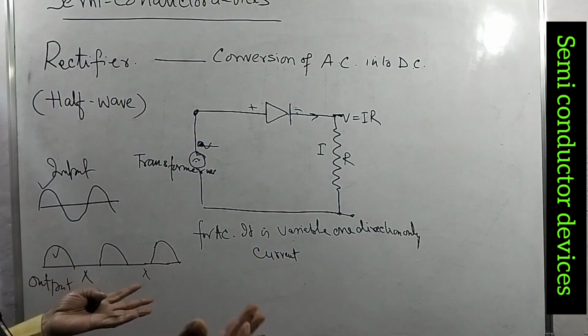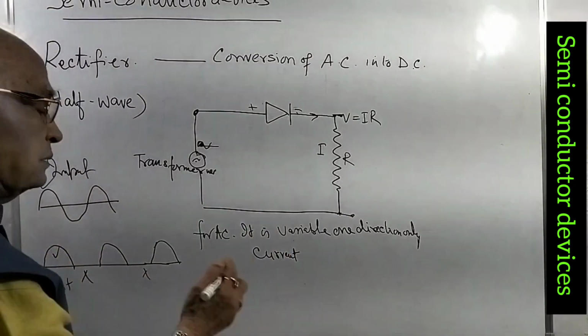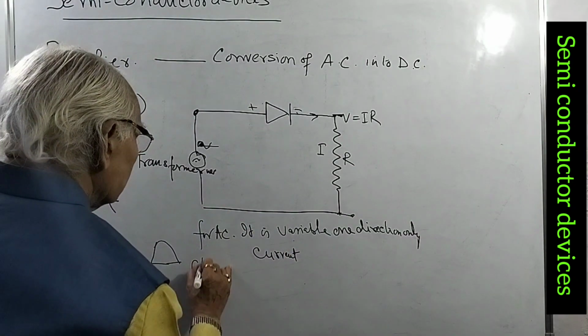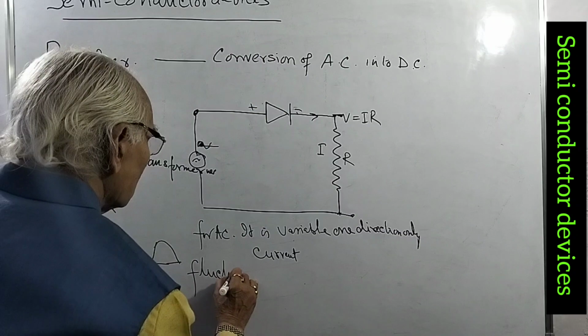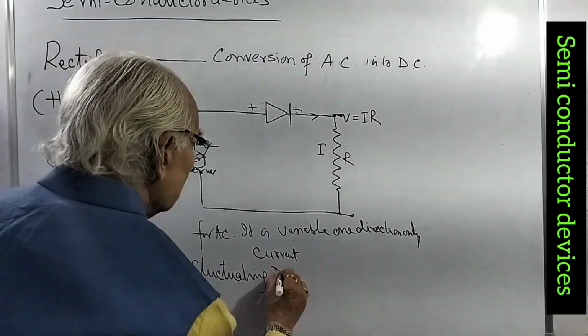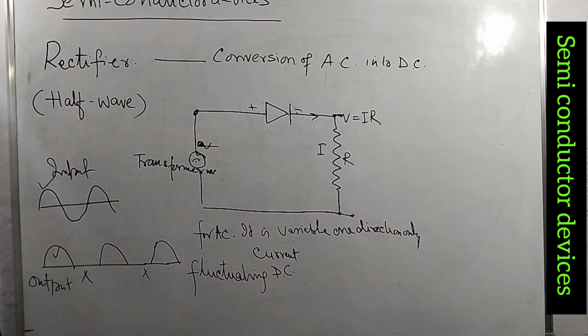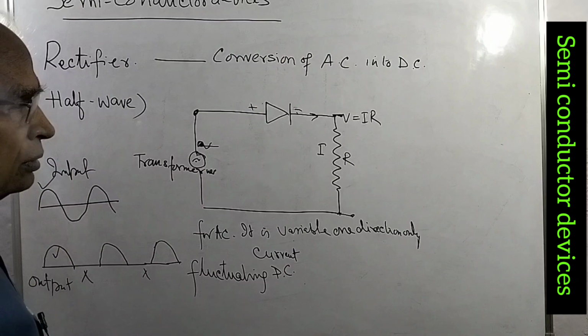But this is variable, because here there is nothing. So it is fluctuating DC. For AC, here we have fluctuating DC. So this fluctuating DC is not useful.